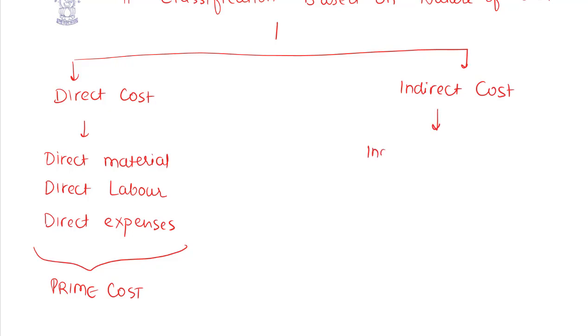Indirect cost is indirect material, indirect labor, and indirect expenses.